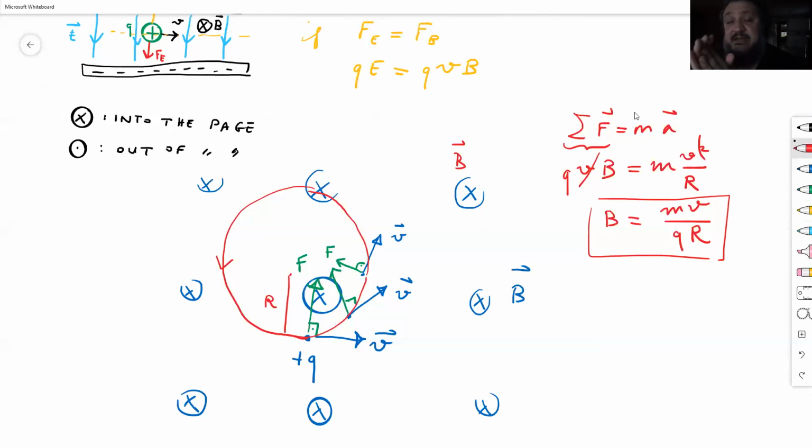Now, what if there is an angle between, an angle meaning not 90 degrees, between v and B? What if the particle enters the field with an angle? Now, the velocity vector will have two components.